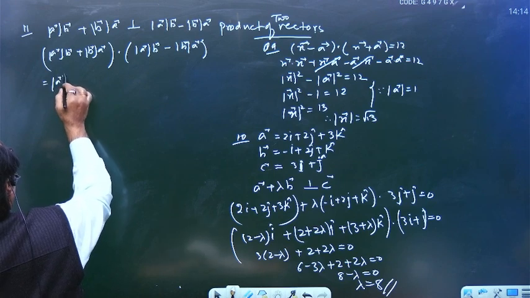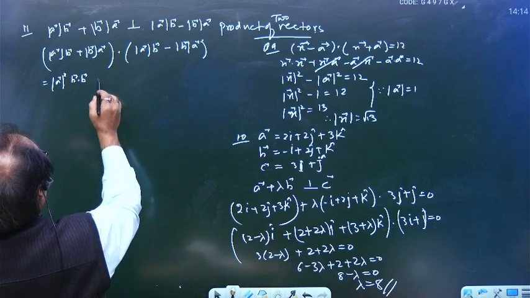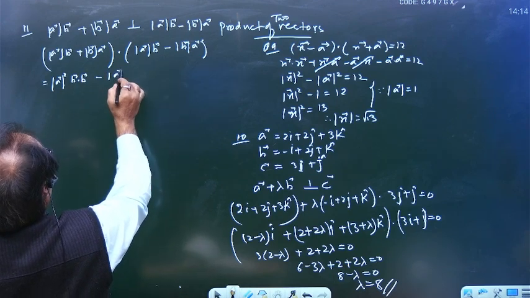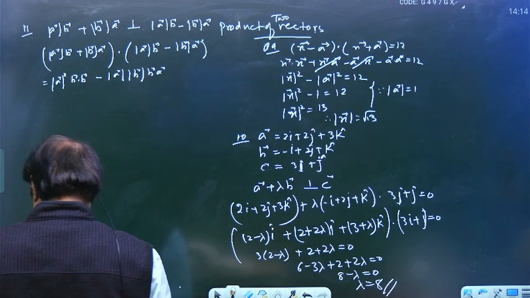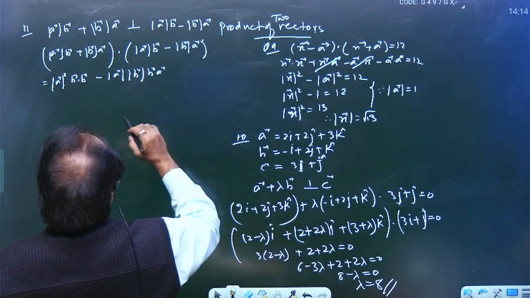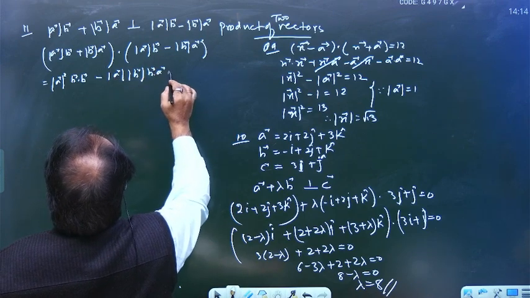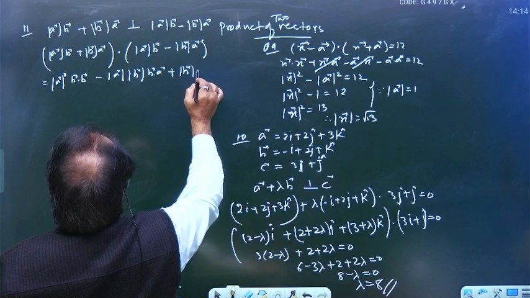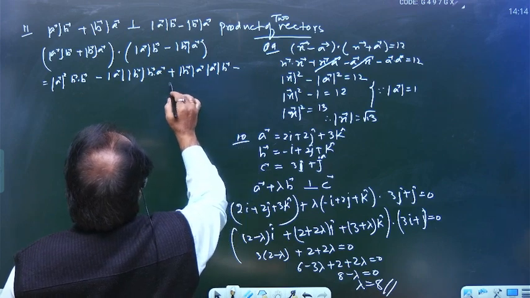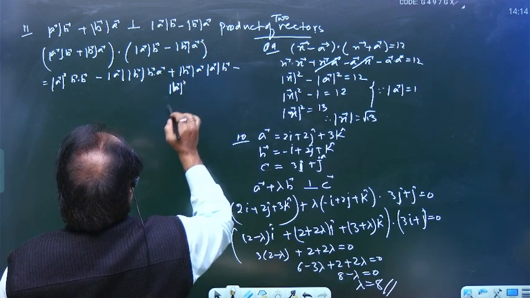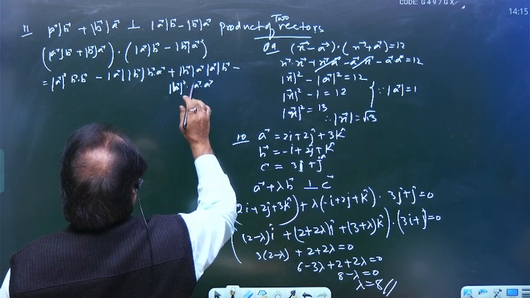So this is magnitude of A square times B dot B, and minus magnitude of A into magnitude of B times B dot A, and then plus magnitude of B into magnitude of A times A dot B, and minus magnitude of B square times A dot A.